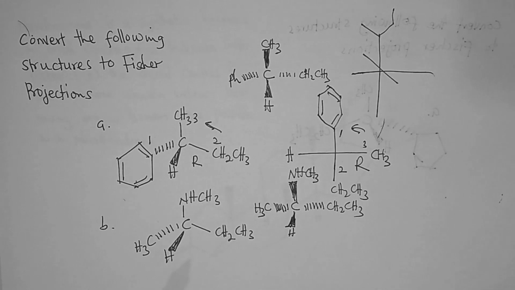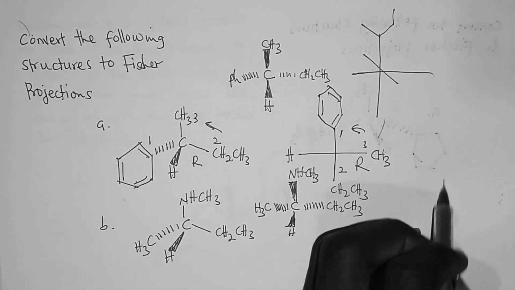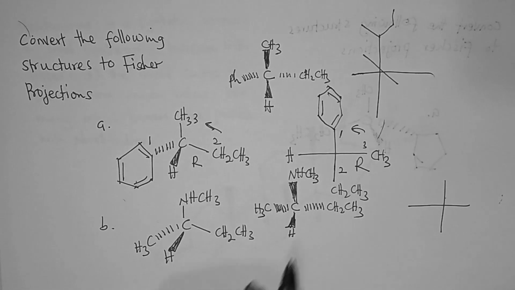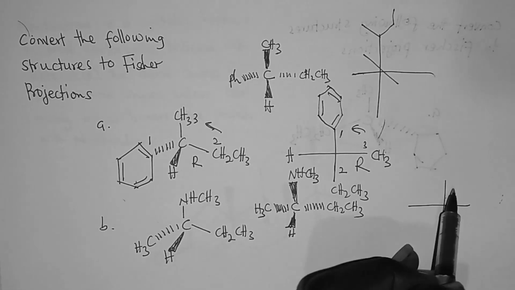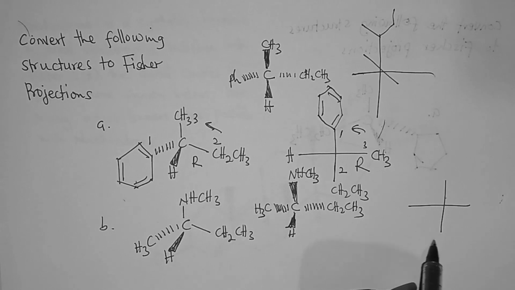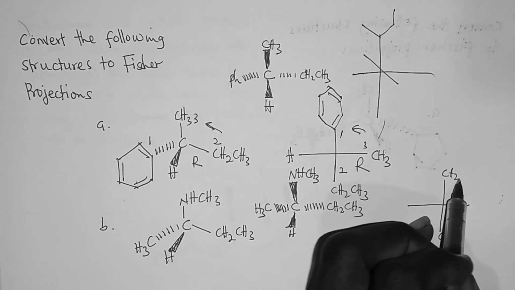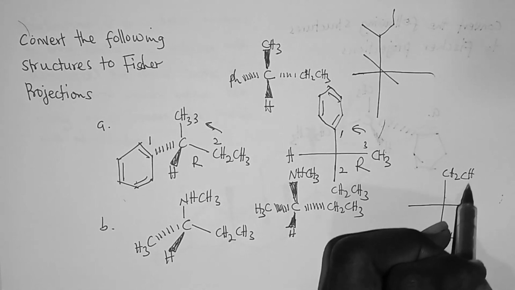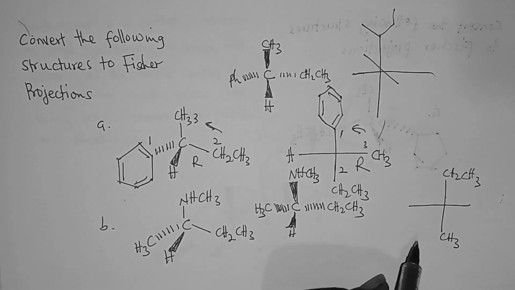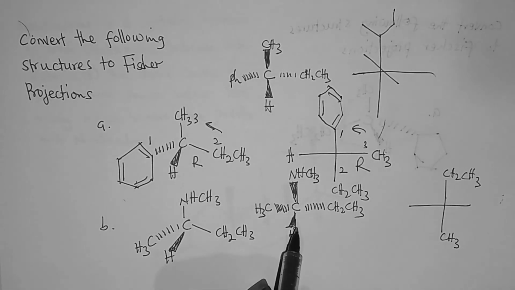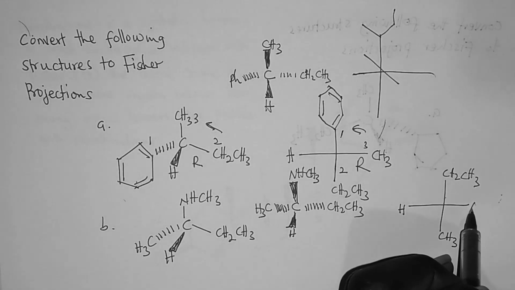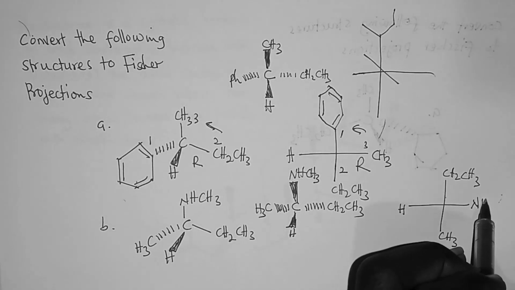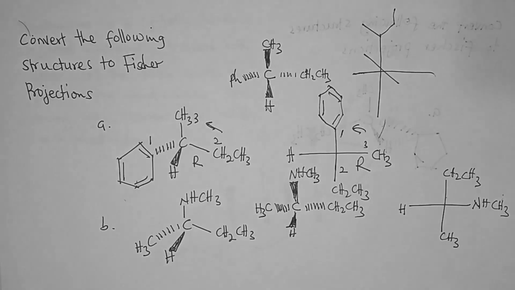Now let's draw the Fischer projection. So the groups pointing away must be on the vertical axis. And therefore, here's a CH3, and this is a CH2CH3. And then the groups that are pointing towards us, the proton is here, and then the NHCH3 is also here.